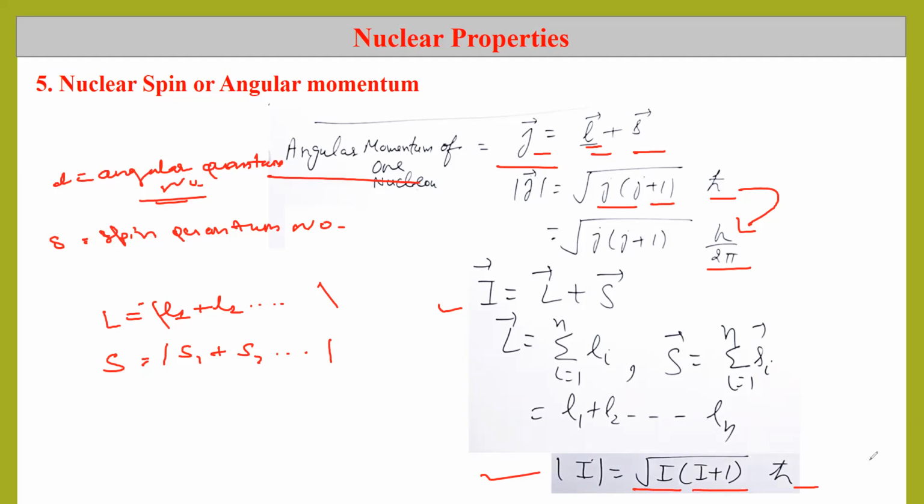And what is the h cut? H cut is h by 2 pi, and h is the Planck constant. So the nuclear spin or angular momentum formula is I is equal to under root I into I plus 1 h cut. So this is the nuclear spin or angular momentum.